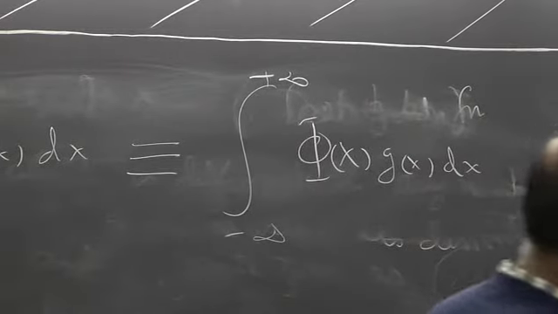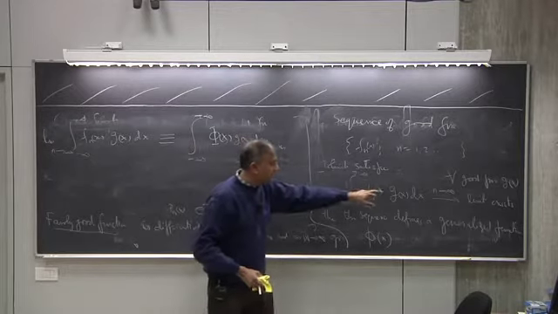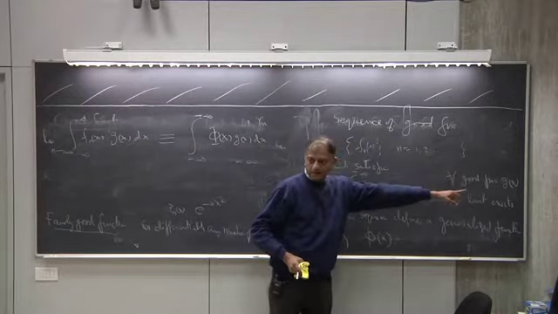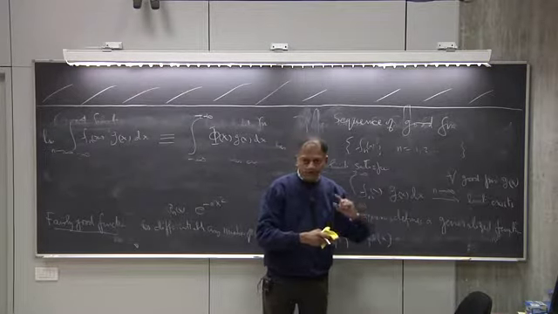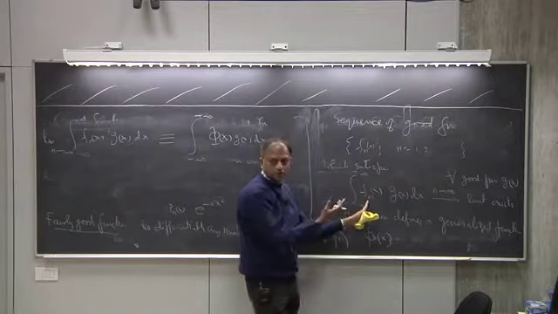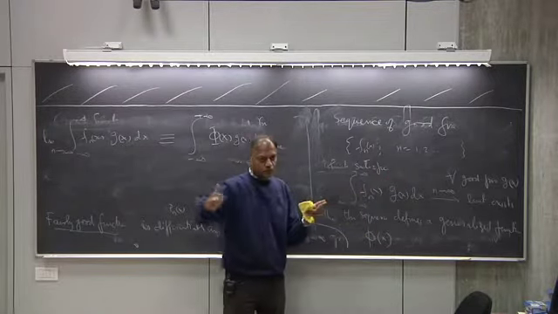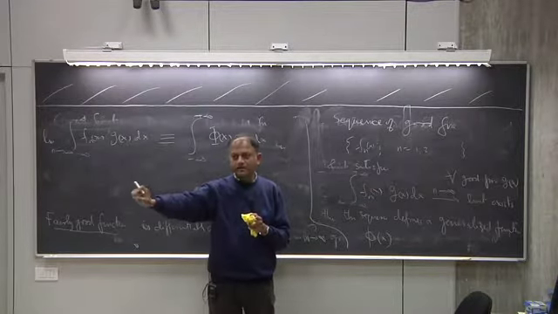Okay. So the important point is the limit should exist, you see. If you just take an arbitrary sequence, the limit may not exist, right? The important point is the limit should exist for any good function. Of course, for different choices of good function, there will be different limits. But for every n, this is going to be some number, so you get a sequence of numbers, and that sequence should converge to a particular number.